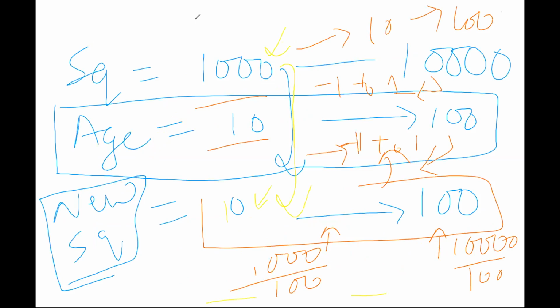Your h of theta x can be theta naught plus theta 1 into size, plus theta 2 into size square, plus theta 3 into size cube.